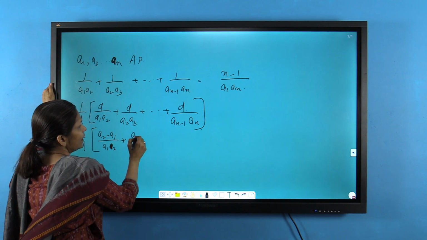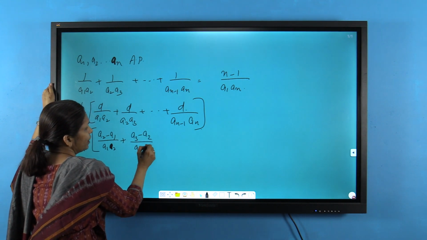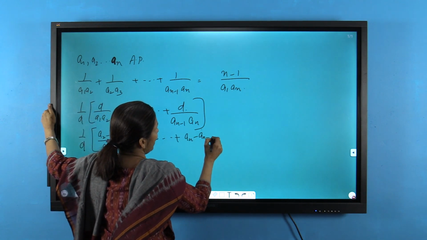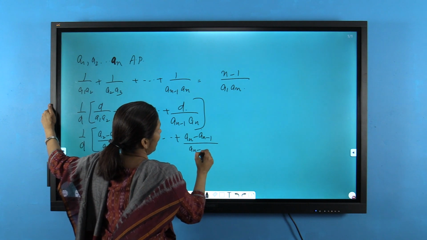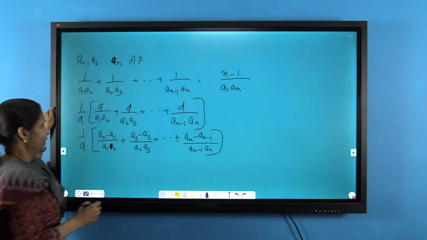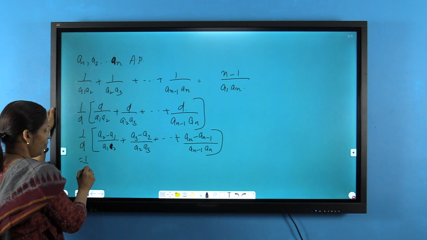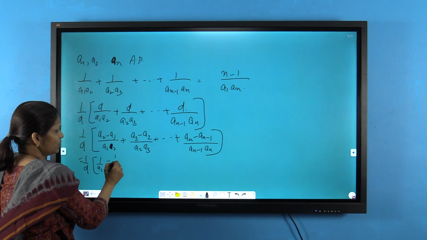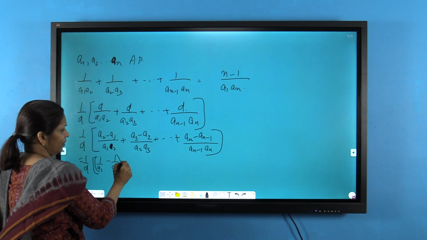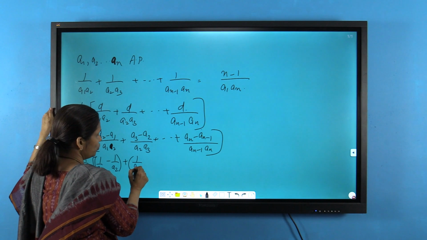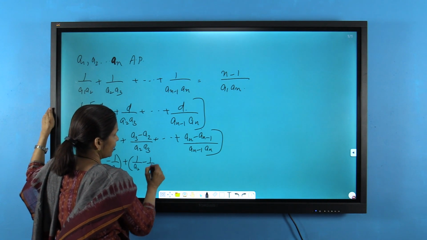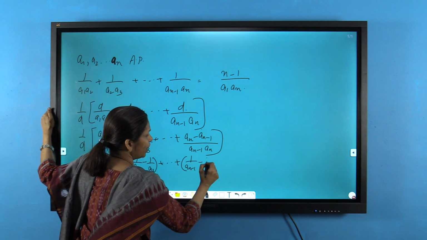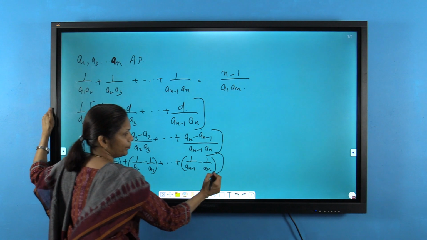This d is A3 minus A2 divided by A2A3, plus etc. This d is AN minus A(N minus 1) divided by A(N minus 1)AN. Now, separate these terms. 1 by d into this by this is 1 by A1 minus 1 by A2 plus 1 by A2 minus 1 by A3 plus etc. plus 1 by A(N minus 1) minus 1 by AN.